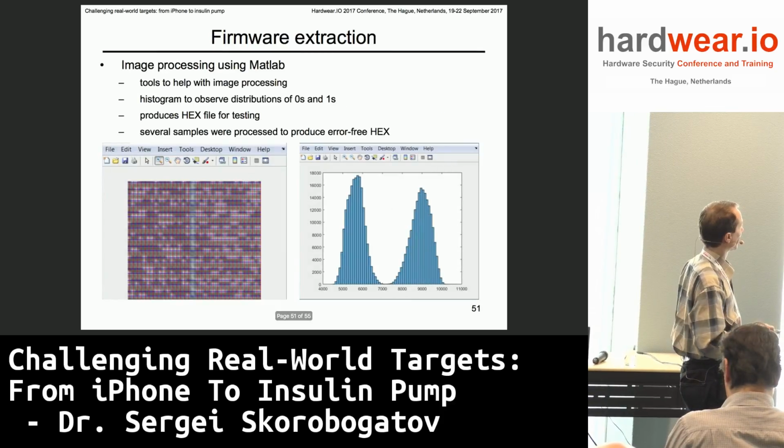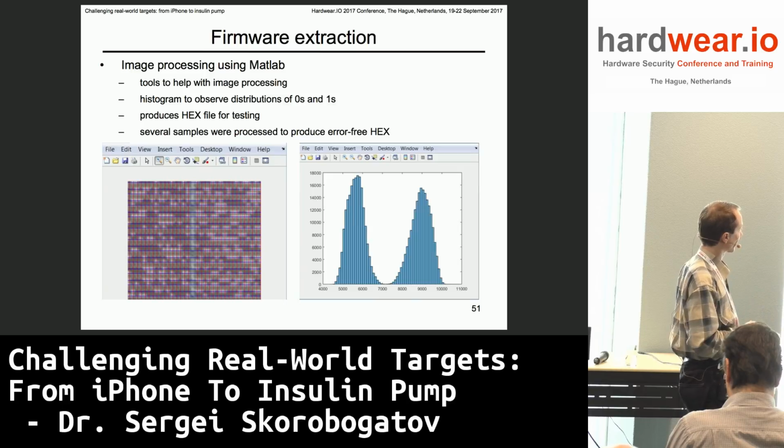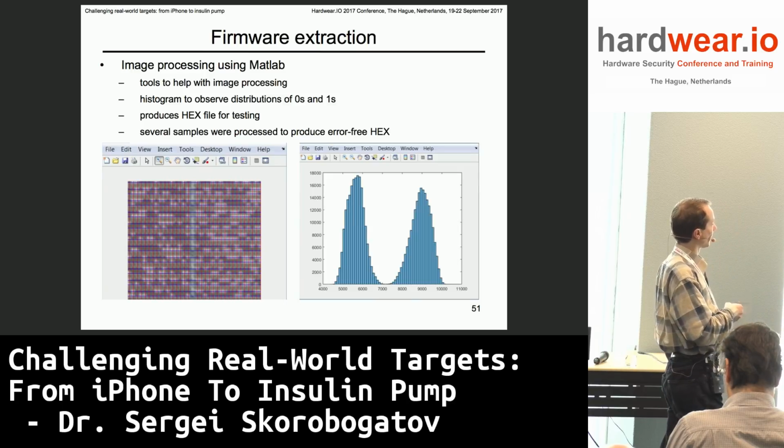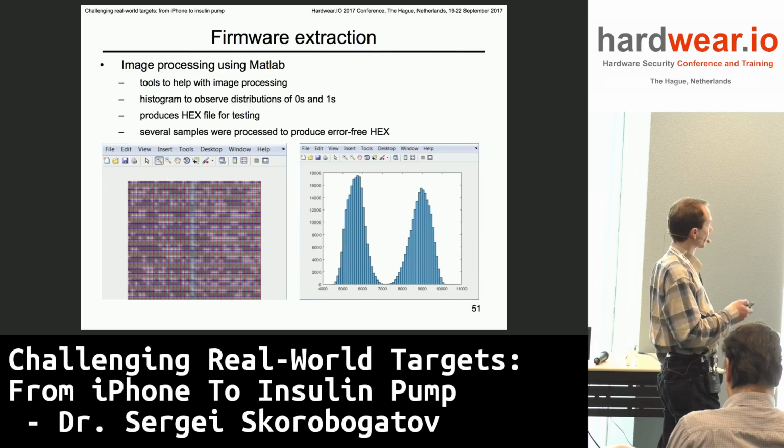And then I wrote a MATLAB code to convert the image into the hex file for disassembling, and also applied some image processing, which is also available as part of MATLAB tools.